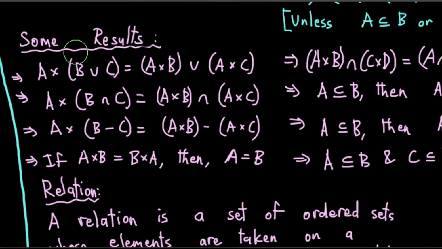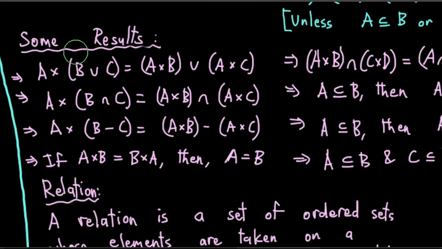Some of the results. The Cartesian product of A and B union C is basically going to be A into B union A into C. The Cartesian product of A into B intersection C is going to be the Cartesian product of A and B intersect the Cartesian product of A and C. A into B minus C is basically going to be A into B minus A into C, like standard distributive stuff like that.